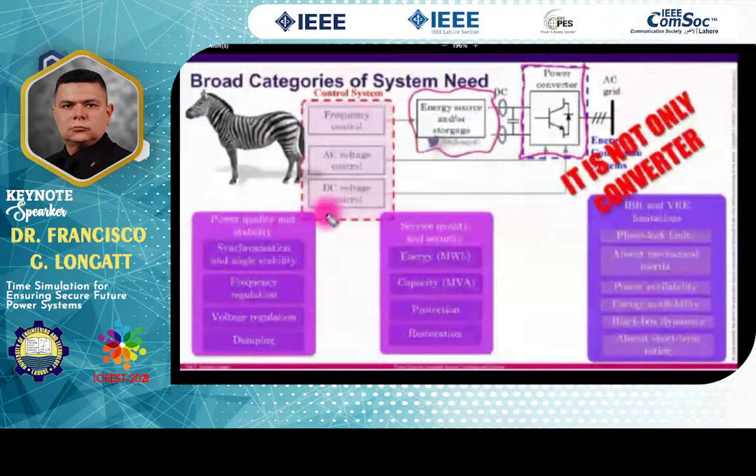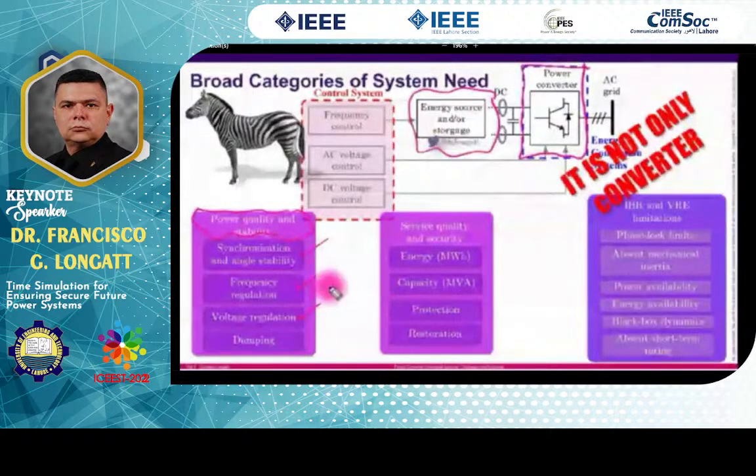What I can tell you is that from those power converters we want many services, like services coming from synchronization and rotor angle stability. Frequency regulation is one of the services we have already been using from power converters, and also voltage regulation. Many of the grid codes around the world already include frequency regulation and voltage regulation.